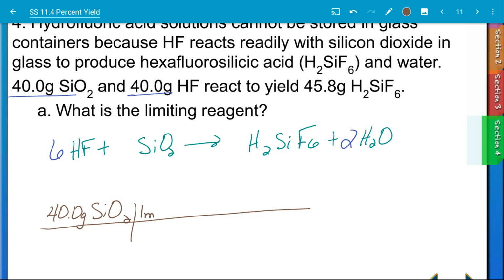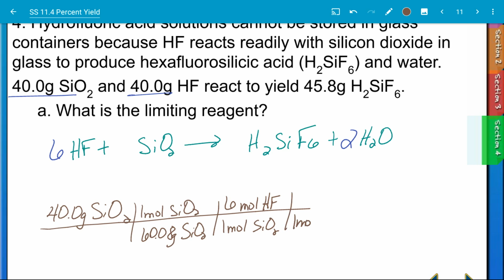So 1 mole of silicon dioxide, I've already looked it up before, is 60.08 grams of silicon dioxide. And I know that for every 1 mole of silicon dioxide, I will use up 6 moles of hydrofluoric acid. And I know that 1 mole of hydrofluoric acid weighs 20.006 grams of hydrofluoric acid.